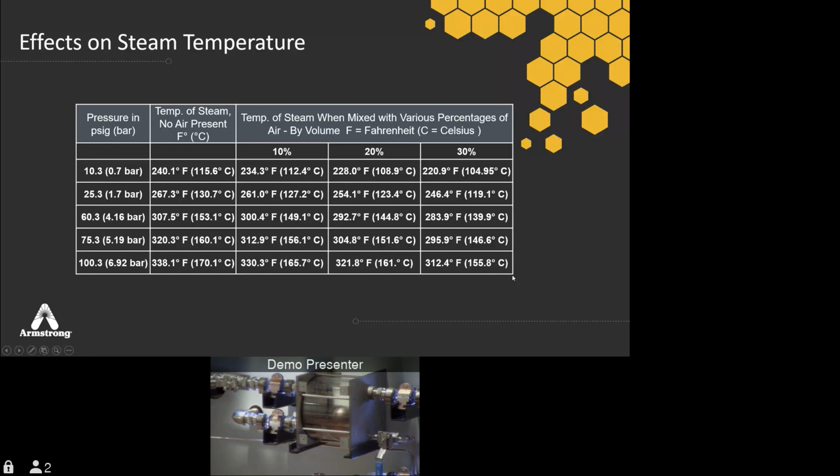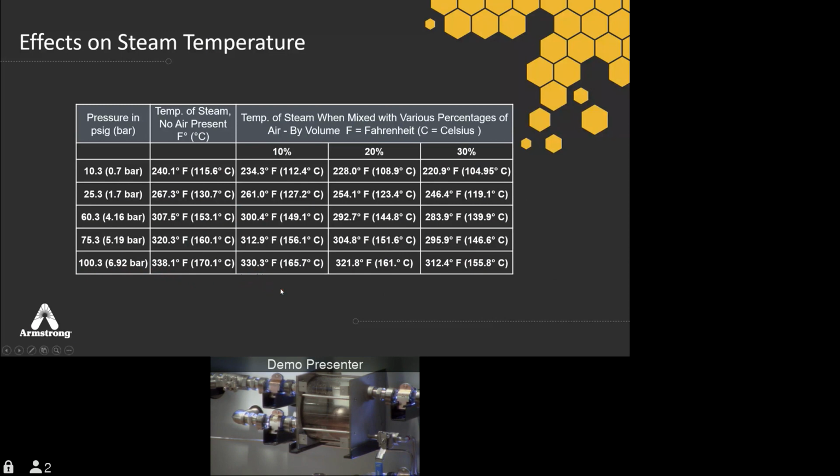And let's take a look at an example here. We know that at 100 psig, my steam table says I should have 338 degrees Fahrenheit. Dalton's law of partial pressures, though, says that if I have by volume in a concentrated area 10% air, then my steam temperature will correspond not with 100 psig, but with 90 and be at 330 degrees Fahrenheit.